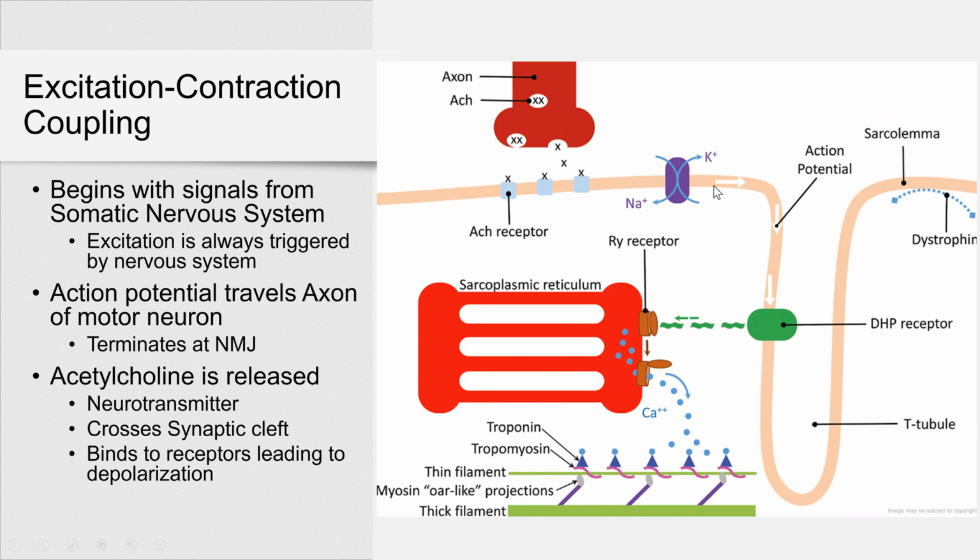This is our excitation. We excited the cell. Now, the cell is so excited that electricity is moving along its membrane, and it moves along the T-tubule. It activates the DHP receptor. This receptor activates the RyR receptor. The RyR receptor opens a gate, and calcium flows from the sarcoplasmic reticulum to the sarcoplasm.